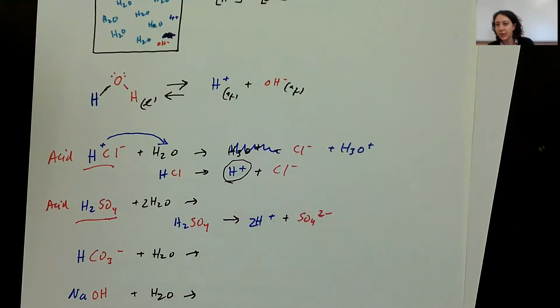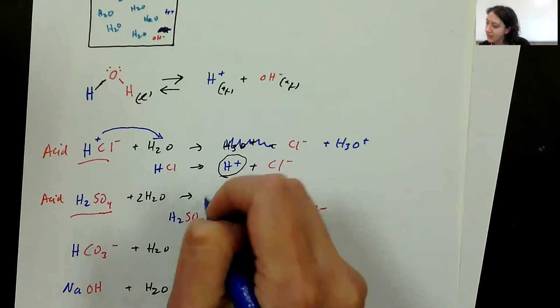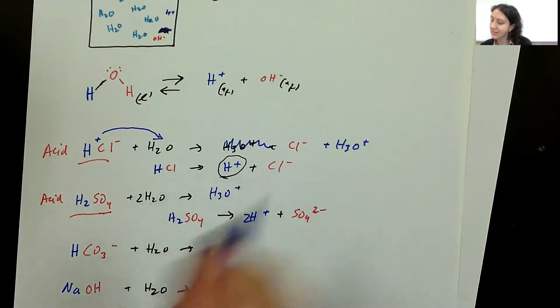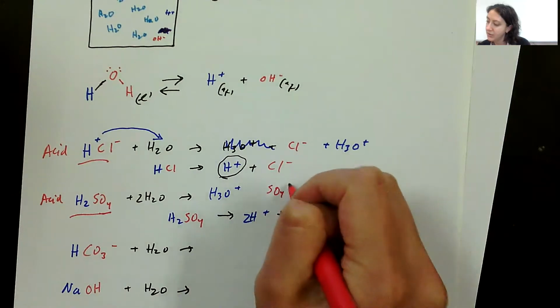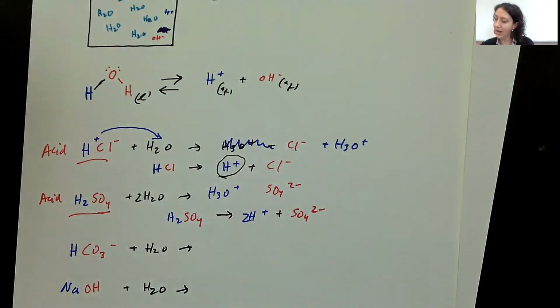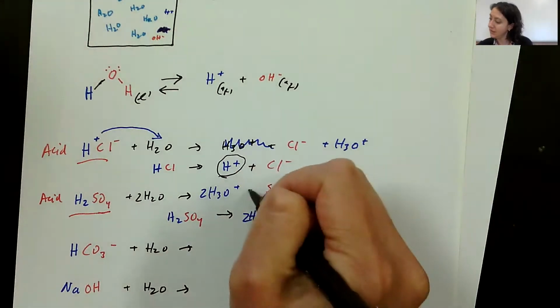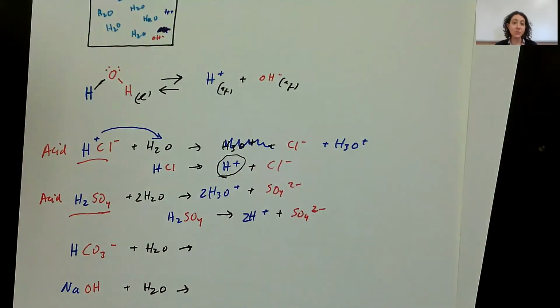So you just end up with H3O plus. It's called a hydronium ion, but it's the exact same idea. You end up with H3O plus, and you're also going to end up with an SO4 2-. So you're going to have two of these. Same idea. So it's an acid.